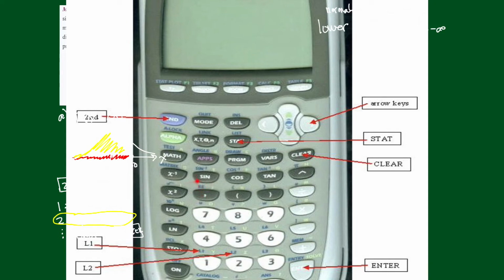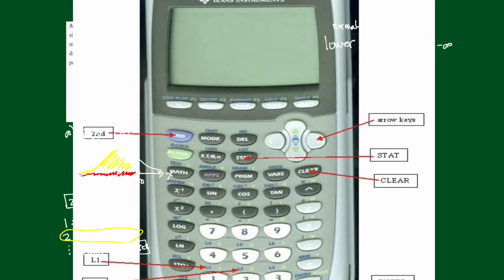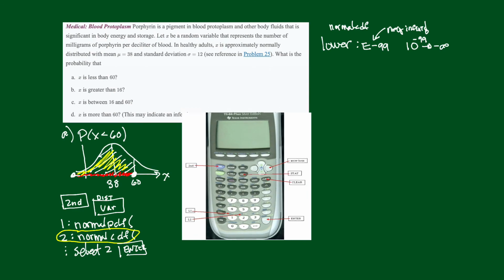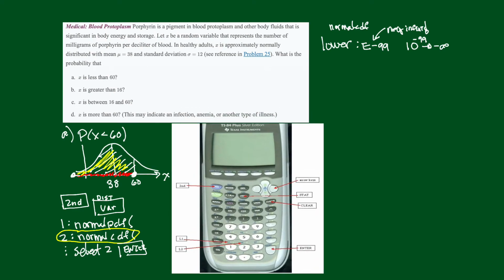So you press second, and then the comma. It says EE, but when you press it, you just get one single E.